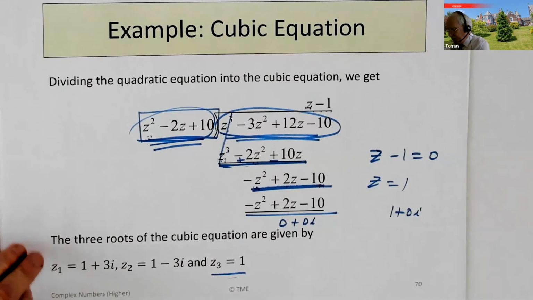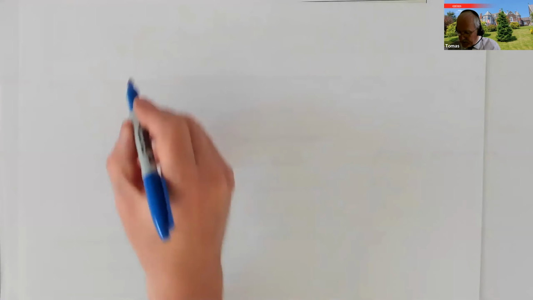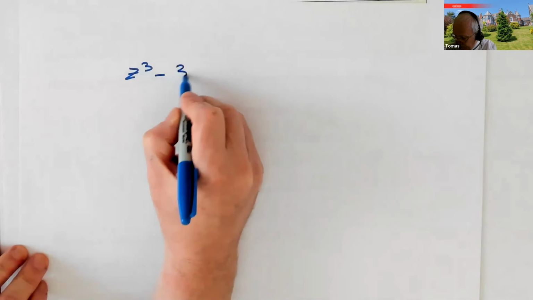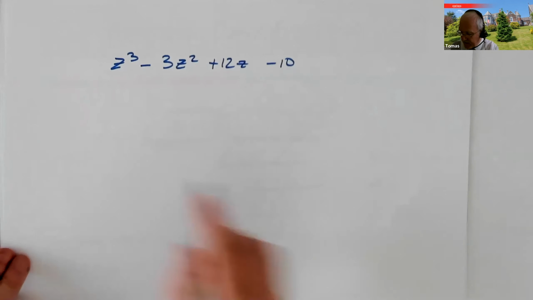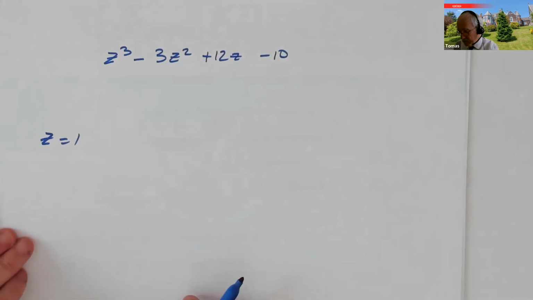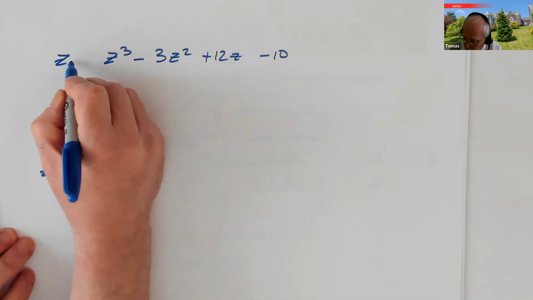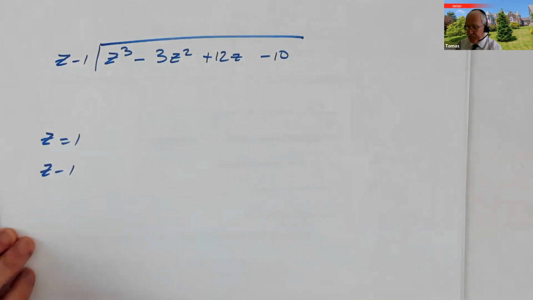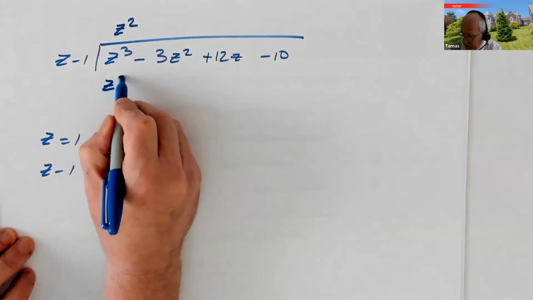Another way of doing that question: they could have given you the cubic expression at the start, z cubed minus 3z squared plus 12z minus 10, and said z equals 1 is a root. You'd say, okay, if it is, z minus 1 must be a factor, so I should be able to divide it in. z into z cubed gives z squared, that would be z cubed minus z squared.